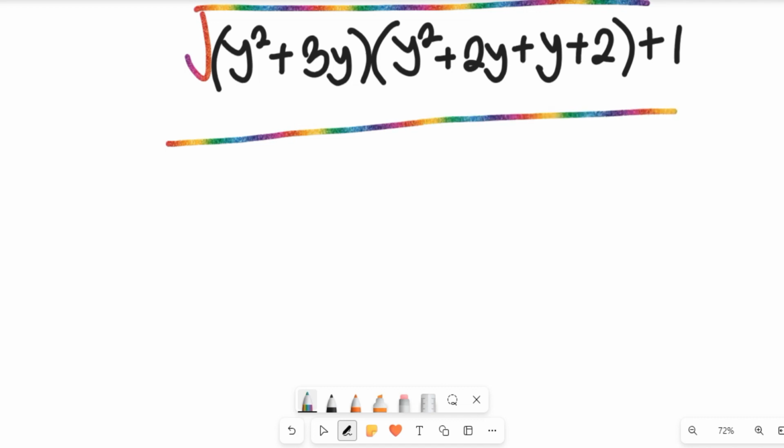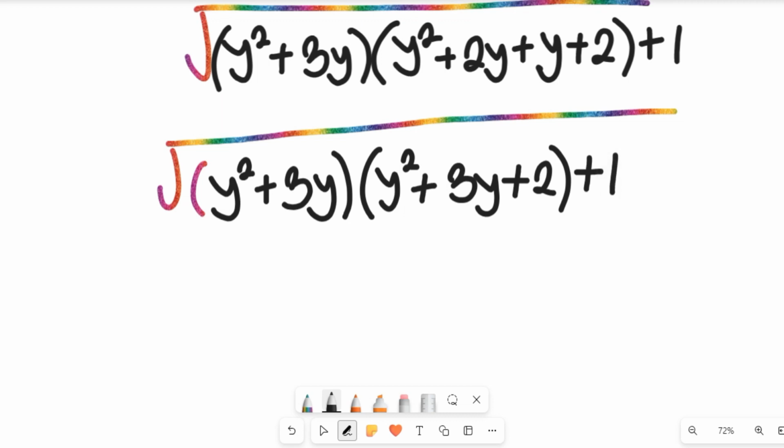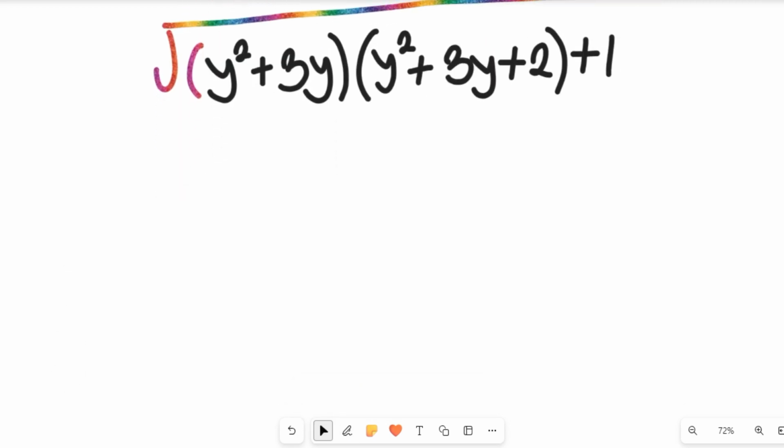If we simplify further, that expression is going to give us y squared plus 3y, and this will give us y squared plus 3y plus 2, and this will be plus 1.